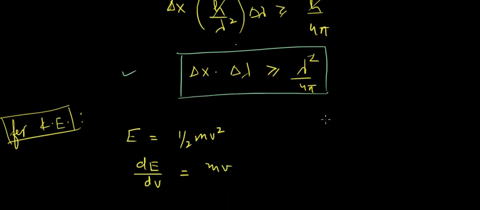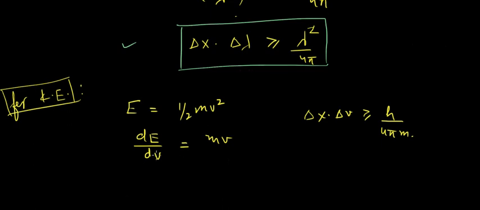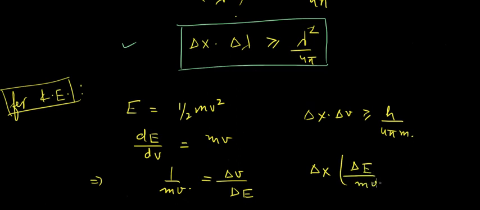Now we already know that delta x into delta v would be greater than or equal to h upon 4 pi m. From here we can deduce that delta v upon delta E would be equal to 1 upon mv. So delta v can be put as delta E upon mv, which should be greater than or equal to h upon 4 pi m.